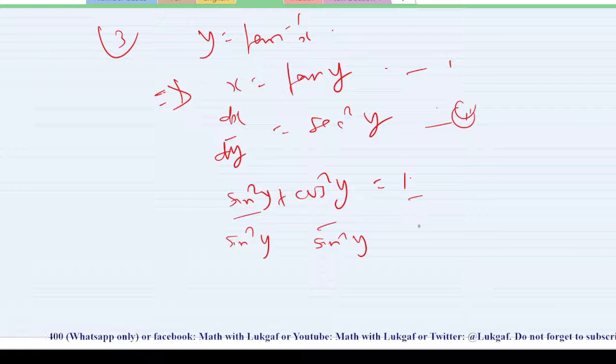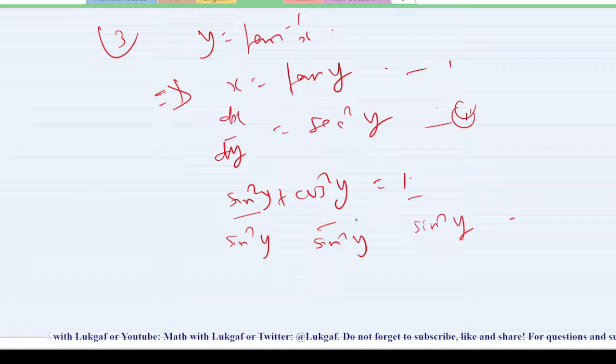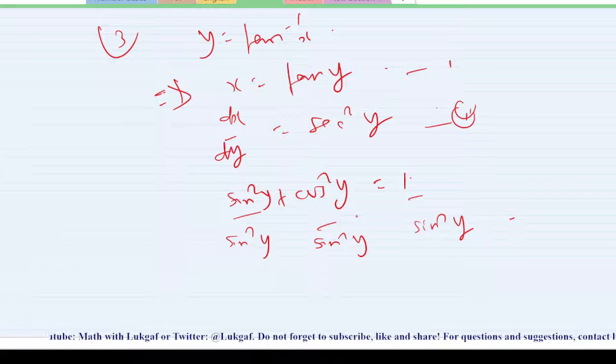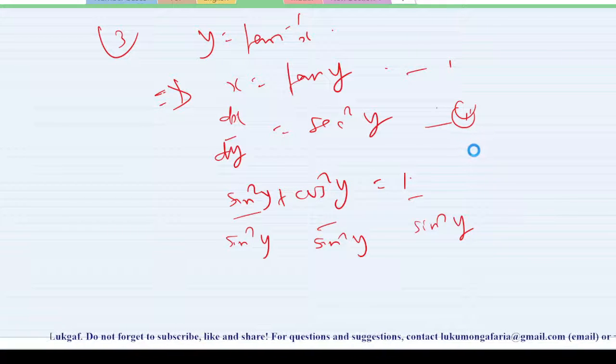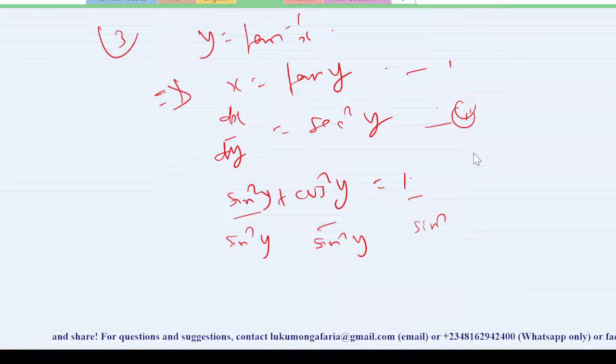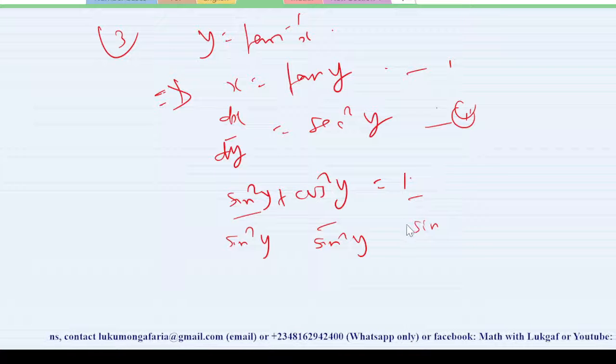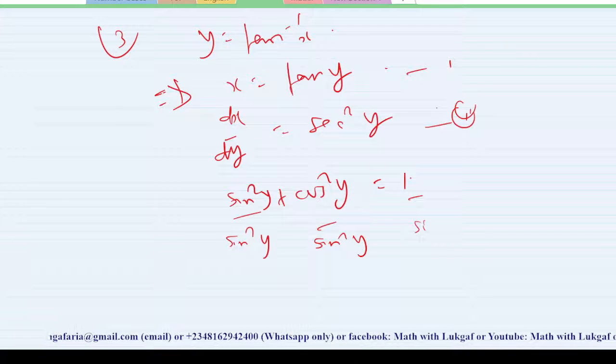Since we want to obtain tan, let us divide through by cos squared y, because I want to derive this identity, remember that tan squared y plus 1 is the same thing as sec squared y. But I want to derive it for us.